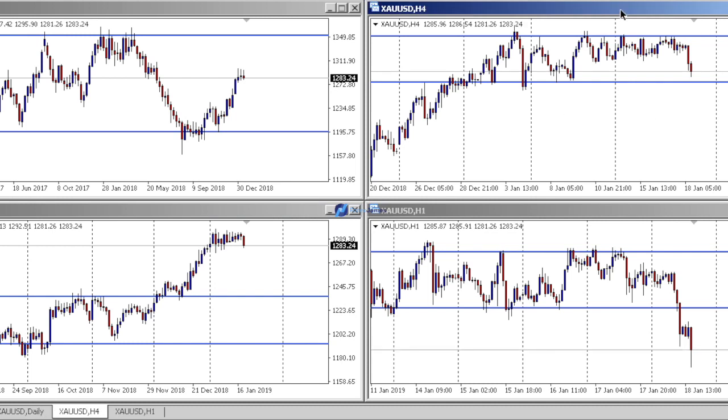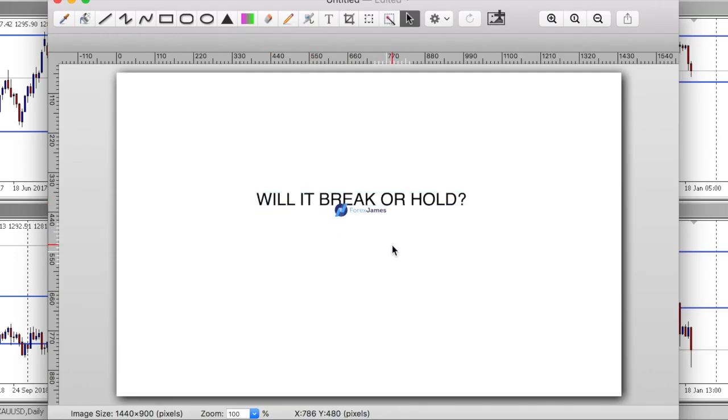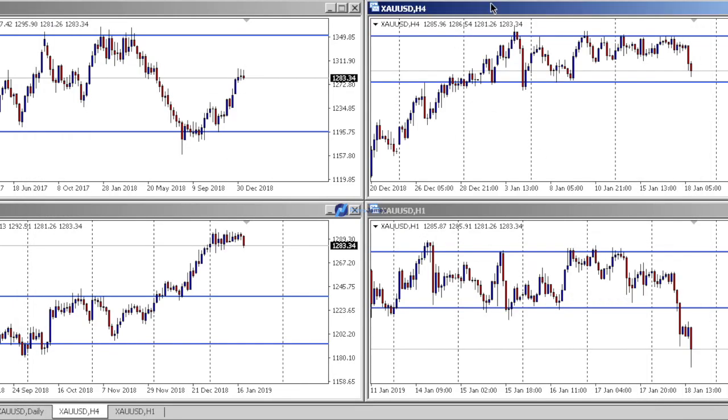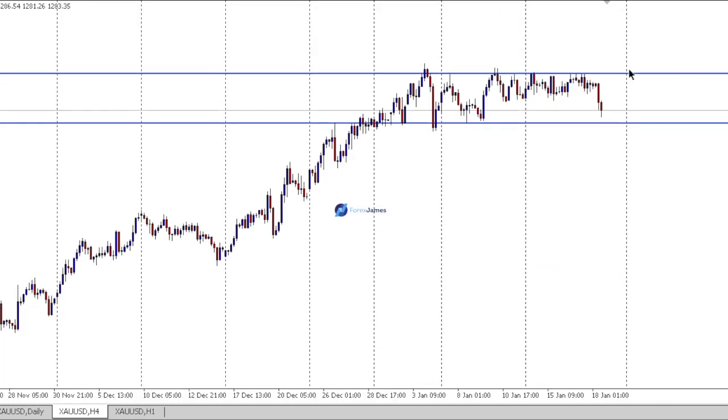So ultimately, the next question to ask yourself every time price touches these levels is, will it break or hold? This is what you have to ask yourself every time price touches one of these lines here. I'm going to leave you guys with this information. Feel free to comment below on whether price would break to the downside or perhaps continue its path to the upside.